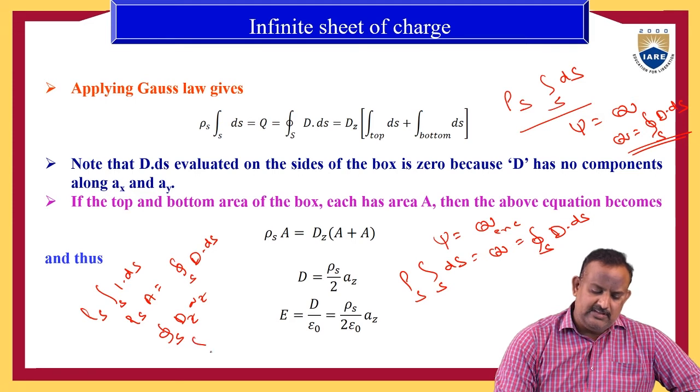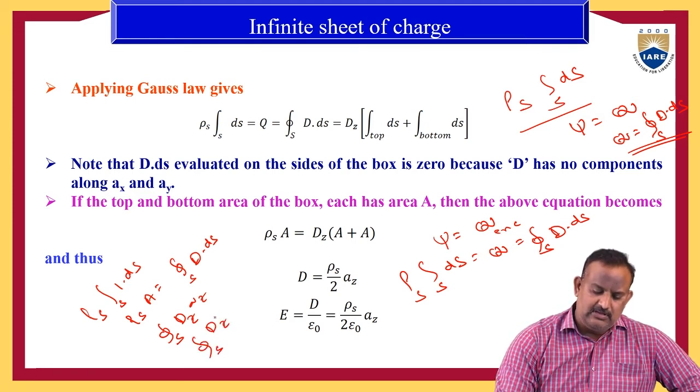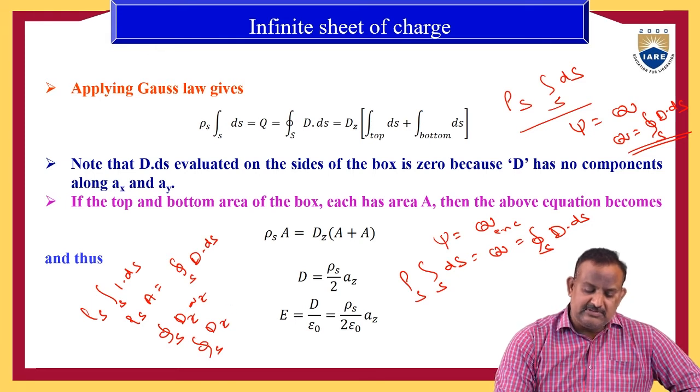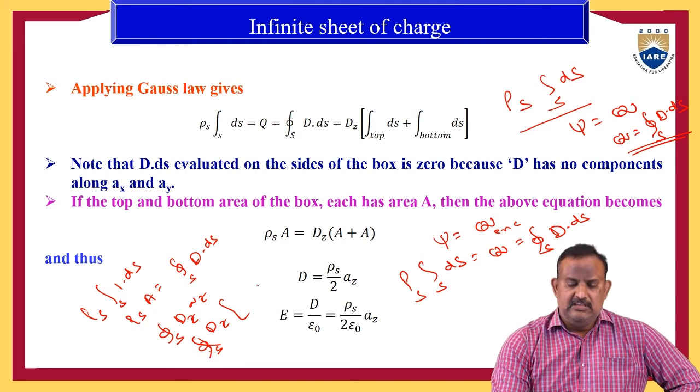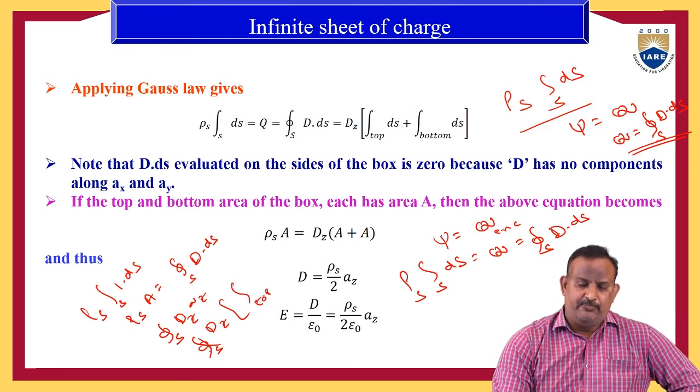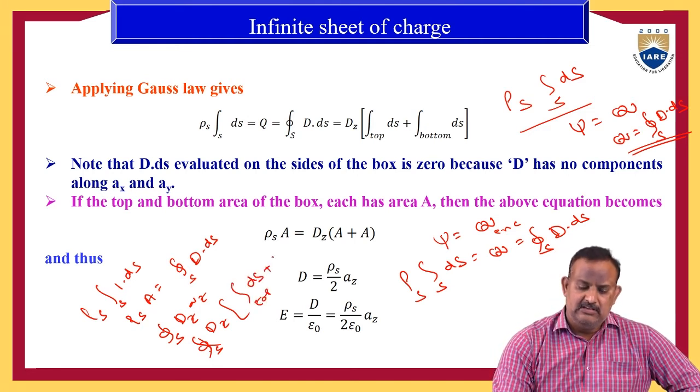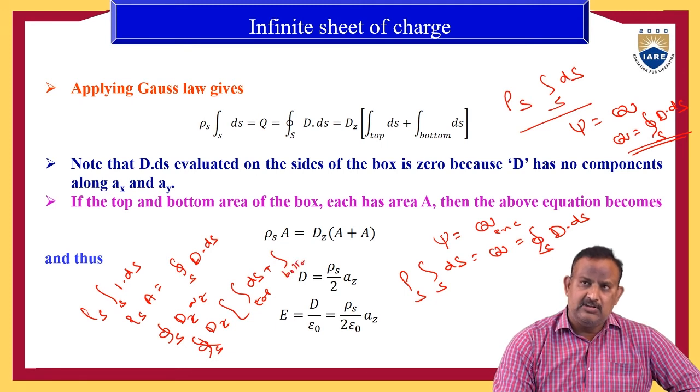Therefore, we can express the surface integral as Dz into the integral over the top part of ds plus the integral over the bottom part of the total area.